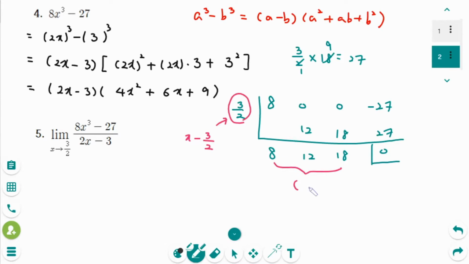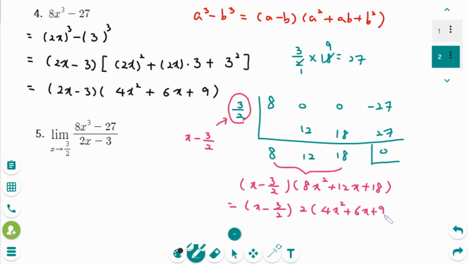So 8x squared plus 12x plus 18, and then x minus 3 over 2 here equals the same thing. And then the common factor of this one is 2. To take out 2 gives 4x squared plus 6x plus 9.